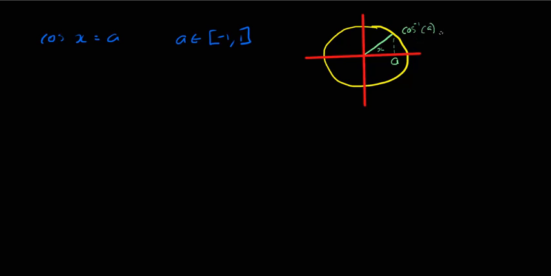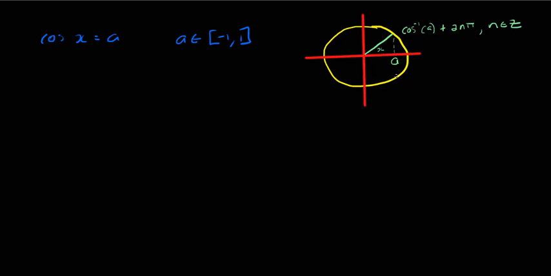But you can go around again, and you can go around again, and go around again. So 2n pi, any integer multiple of 2 pi, lands you back here, and if you take the cos of that angle, you get a.